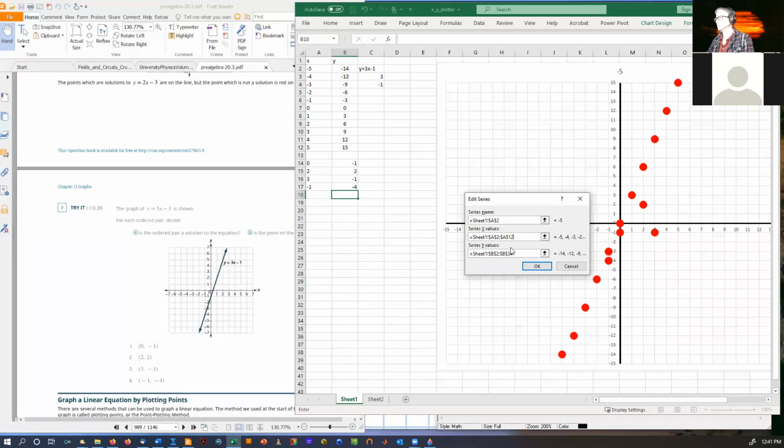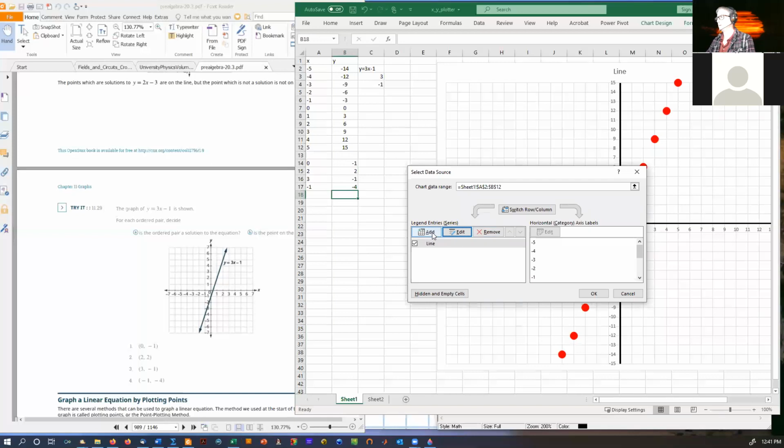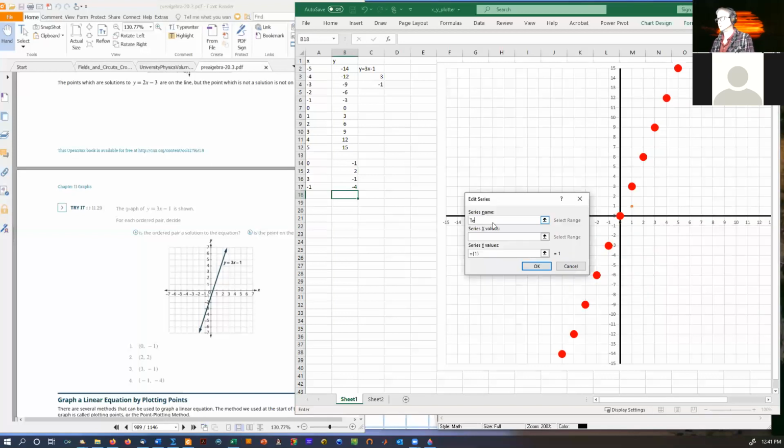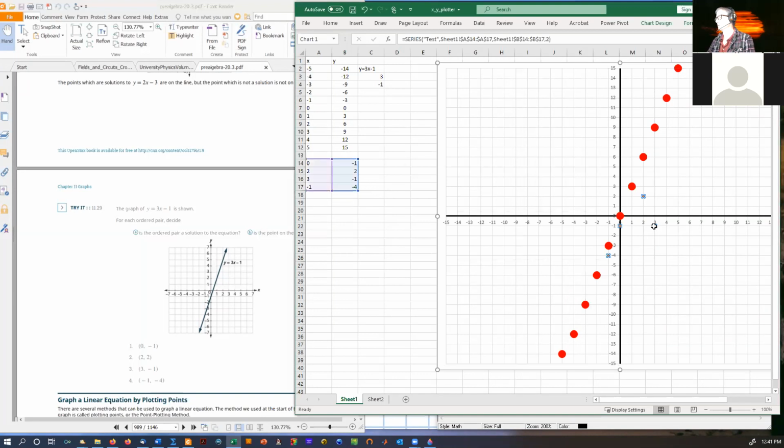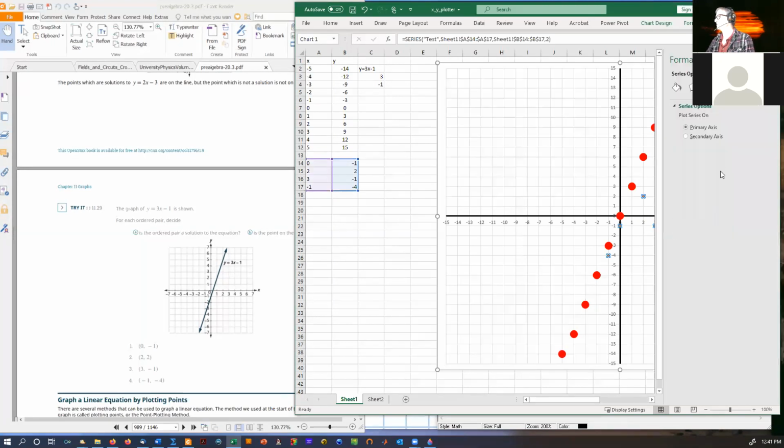2, 12, 12. This is line. Okay. Add test. If I click on that, format data series.